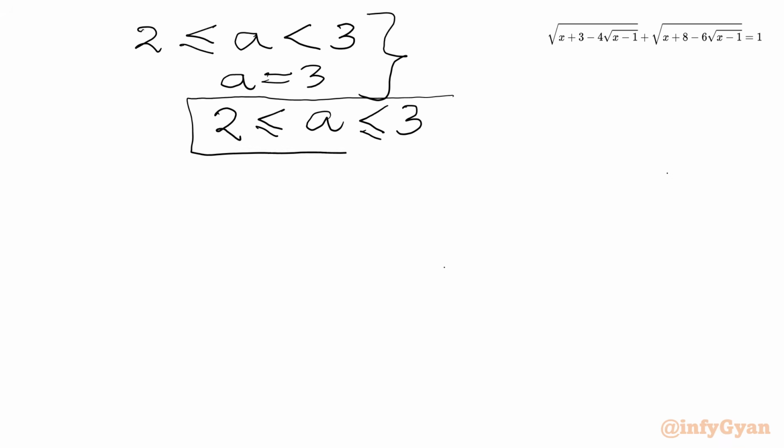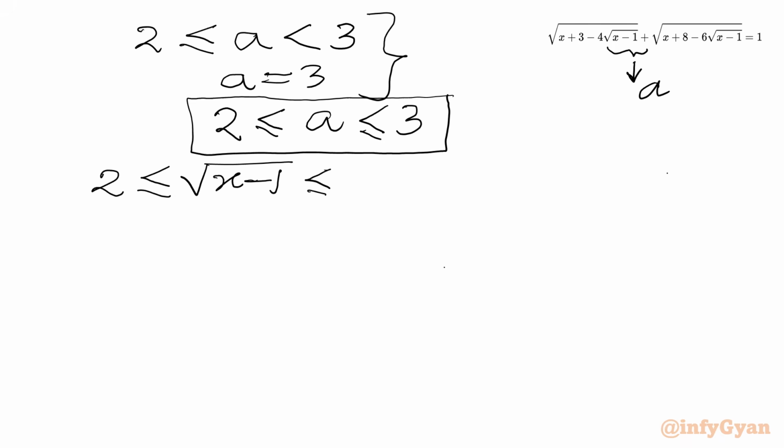Now a was our substitution, square root of x minus 1. This was a. So we can write 2 less than or equal to square root of x minus 1 less than or equal to 3. Now we will be squaring our inequality and we will get x minus 1 greater than or equal to 2 squared, it is 4, less than or equal to 3 squared, it is 9.